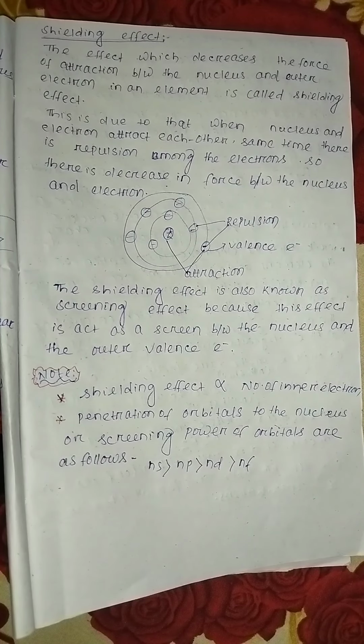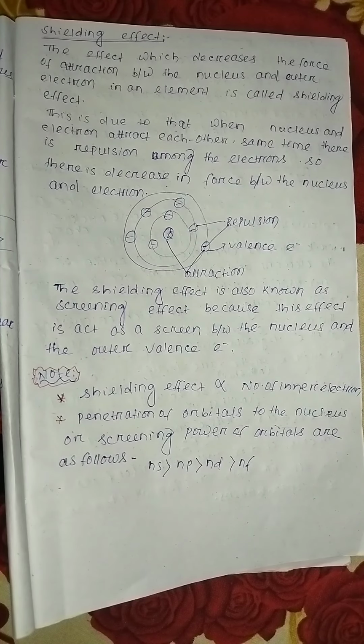This means in an atom or element, the nucleus is in the center and the electrons are surrounding it. The nucleus is positively charged and the electrons are negatively charged, so there is attraction between positive and negative charge.